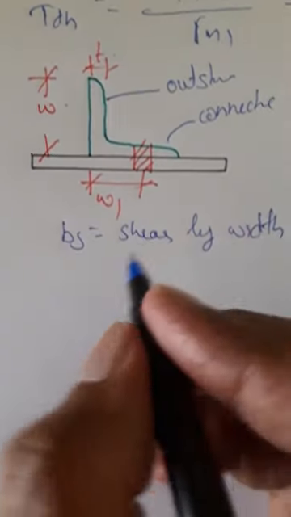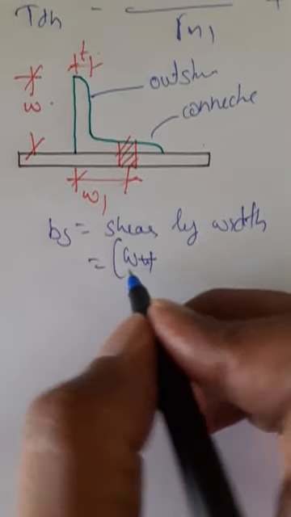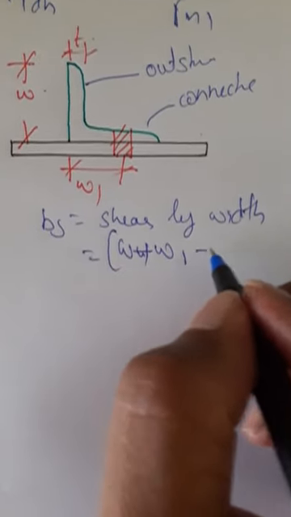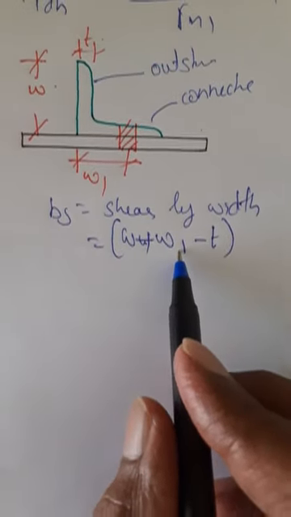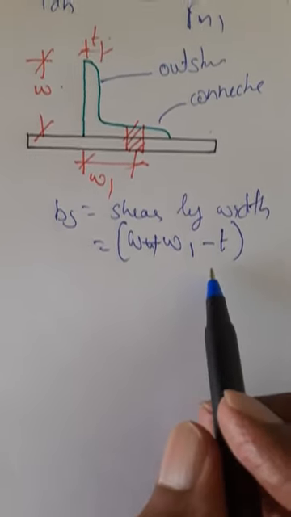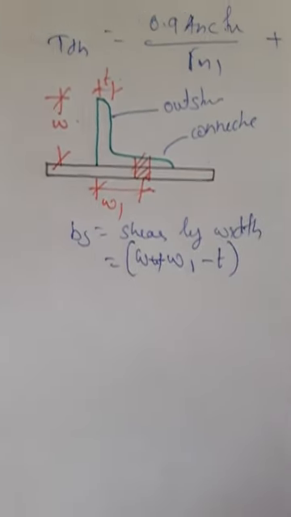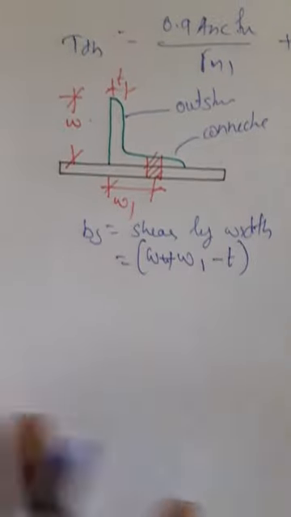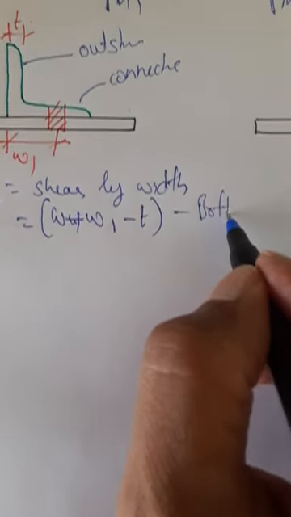This section is in shear, and that is given by the equation W plus WL minus T, or W1 minus T. These values, and even these diagrams and all the explanation, are there in the code on page 32. You can go through it. So this is for the bolted connection.